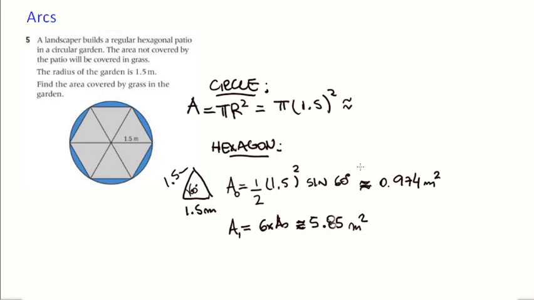Now, in this first case here, if we just put the numbers into the calculator, so 1.5 squared times pi, we would have 7.07 squared meters. So if we subtract one by the other, we would have the area of the garden to be 1.22 squared meters.